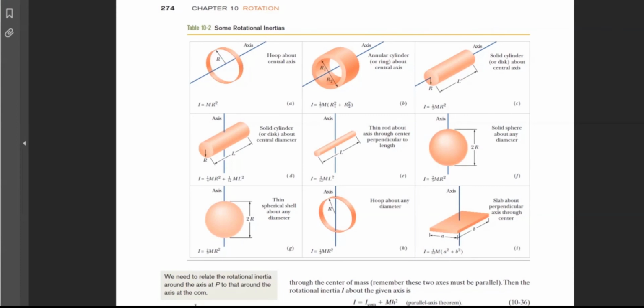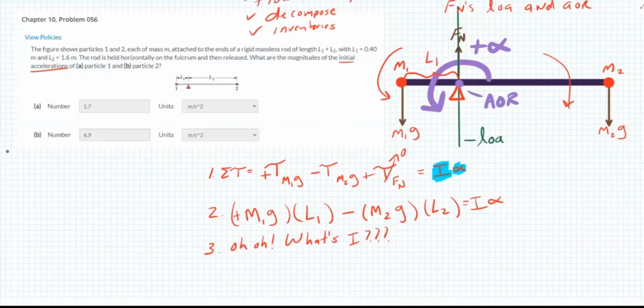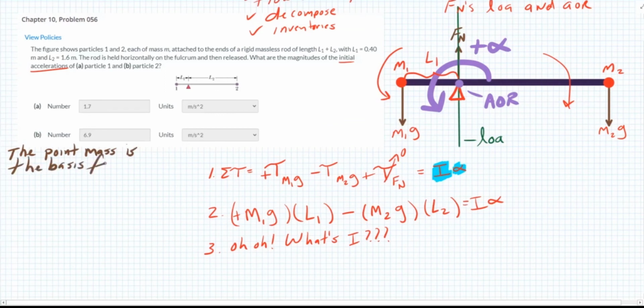And do you know why? That's because the point is the basis for everything. So a little sidebar. The point mass, meaning the mass the size of a point, is the basis for rotational inertia.